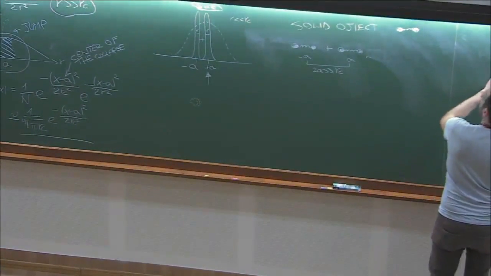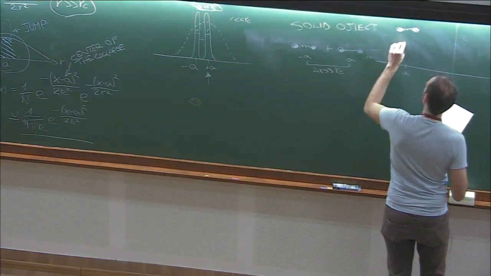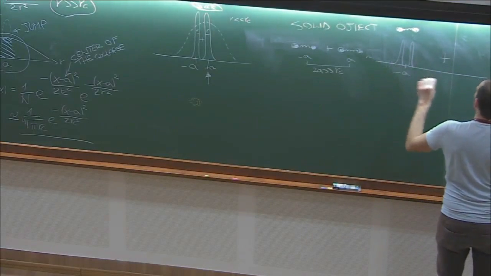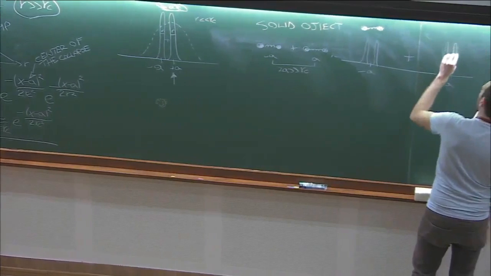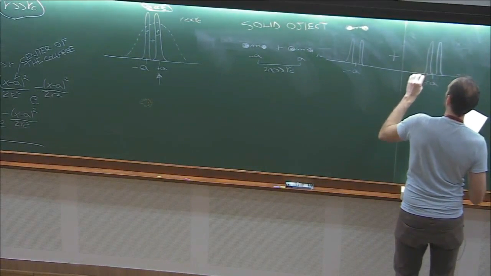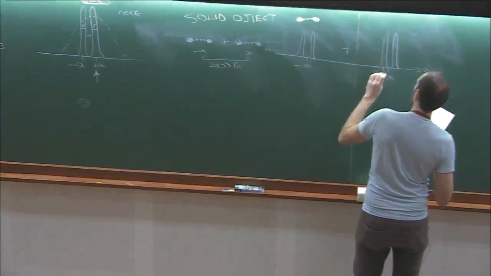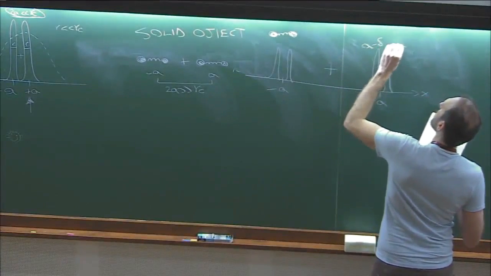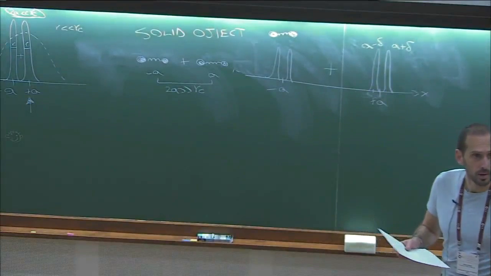So if you want to make some sort of picture, of course, this is a cheating plot because the wave function is a function of two variables, not one.